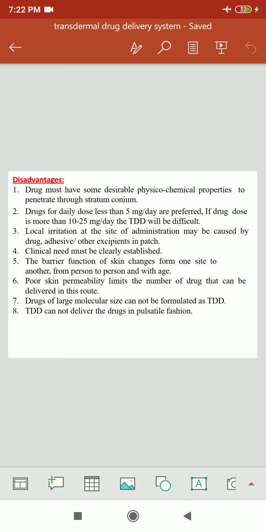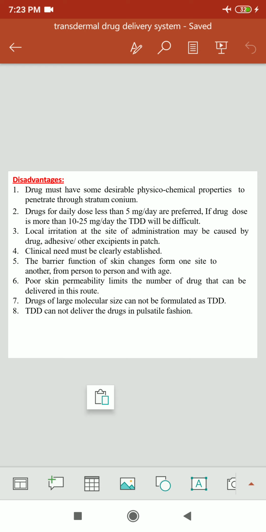Local irritation at the site can occur due to the drug or excipients present in the patch. Clinical need must be clearly established. The barrier function of the skin differs from person to person and age to age, so there are chances of change in the function of the drug.